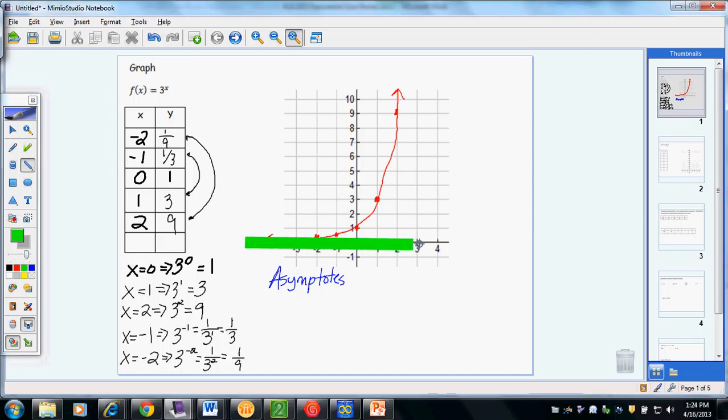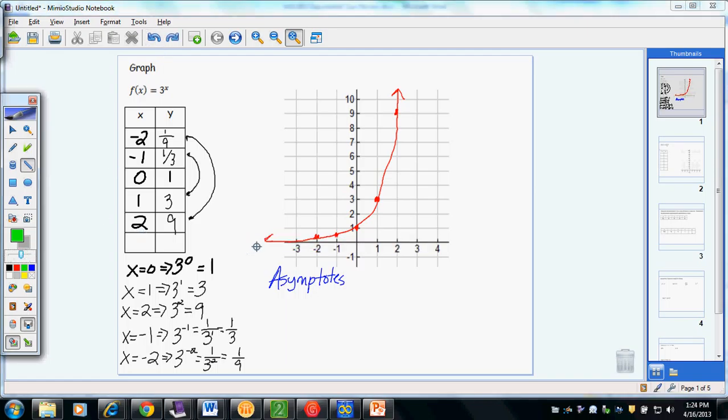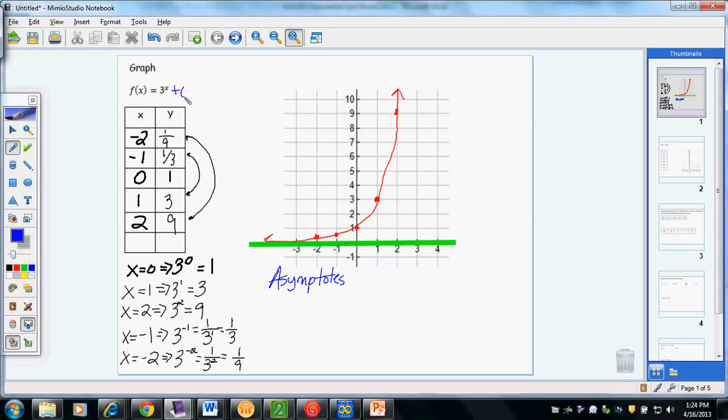Okay, and in this case, that looks a little bit thick. Hang on. Looks like our exponential graph is coming closer and closer and closer to this line. All right, and so again, we see that we have a +0 right here, so our asymptote is y equals 0.